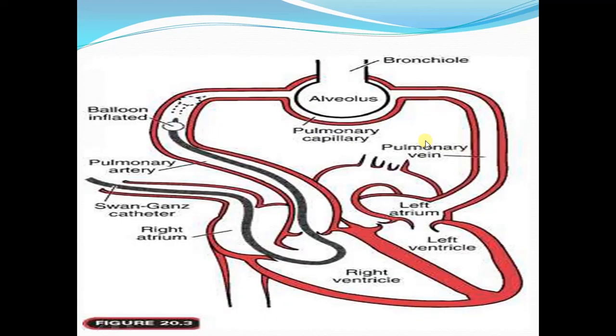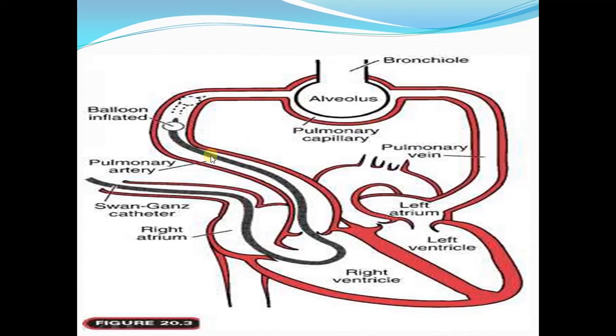Now this diagram shows us the procedure to measure the pulmonary wedge pressure. In estimating the pulmonary wedge pressure, a catheter is inserted through a peripheral vein into the right atrium, that is into the right side of the heart.